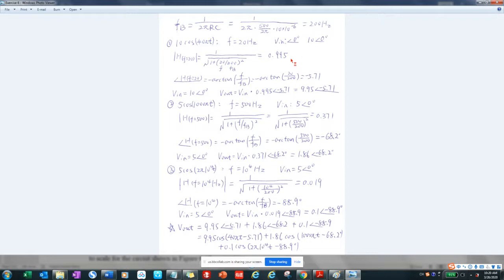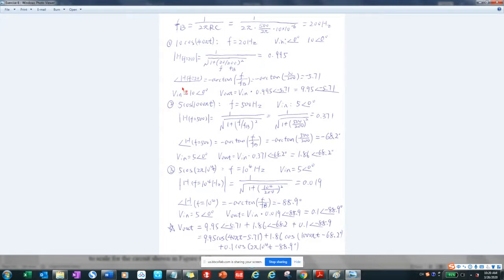Your input will be multiplied by this change, then you will get your output. This is the magnitude of the transfer function. This magnitude equal to 0.995 is quite close to 1. So that means your output is pretty much the same as your input with respect to the magnitude.